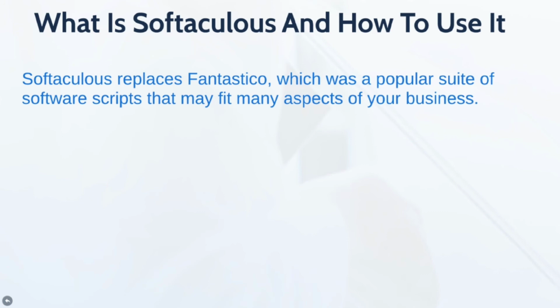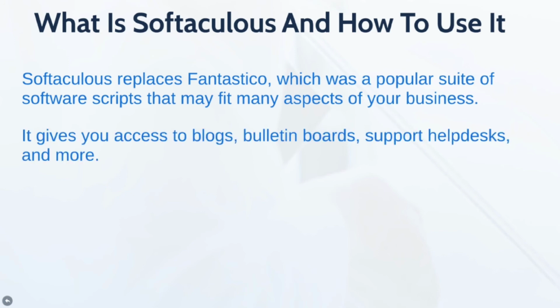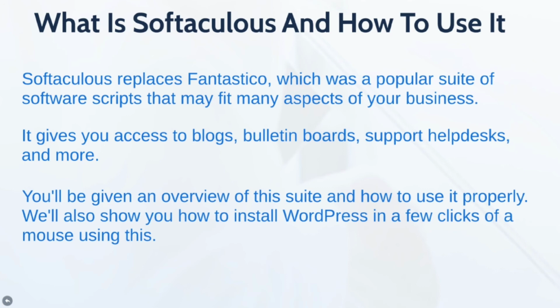There are many different free scripts that you have access to that you do not have to spend extra money for. They're all built in. So in other words, it gives you access to things like WordPress, blogs, bulletin boards, even support help desks, and more. So you'll be given an overview of this suite and how to use it properly, and we'll show you how to install things like WordPress in a few clicks of your mouse.